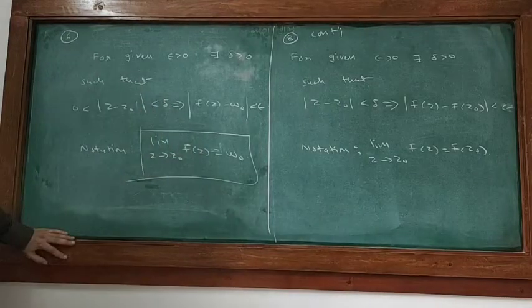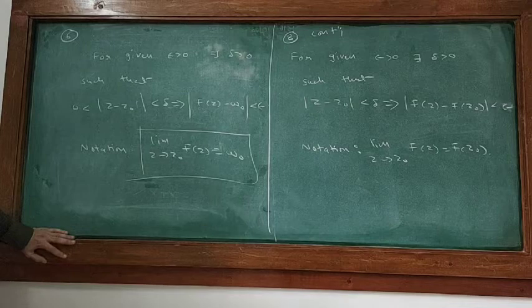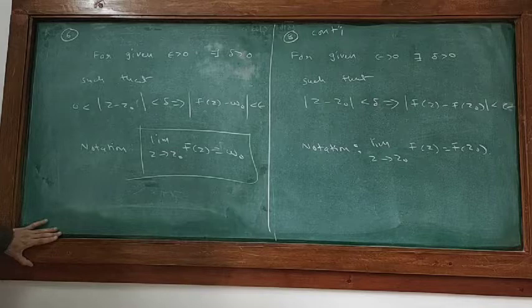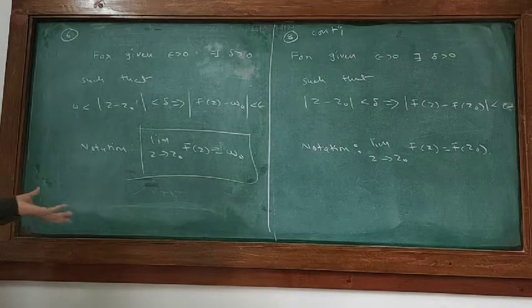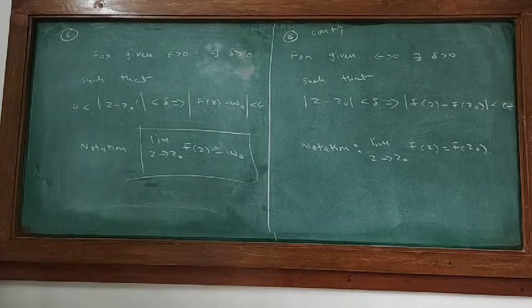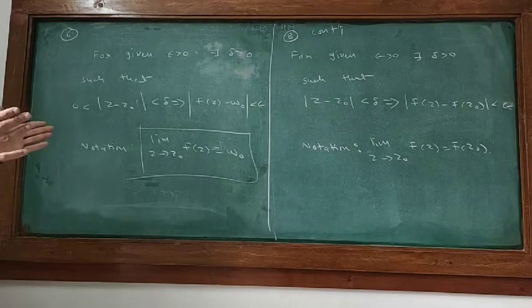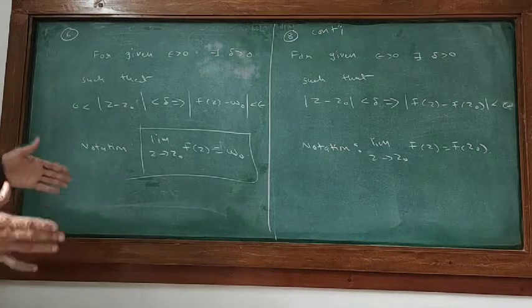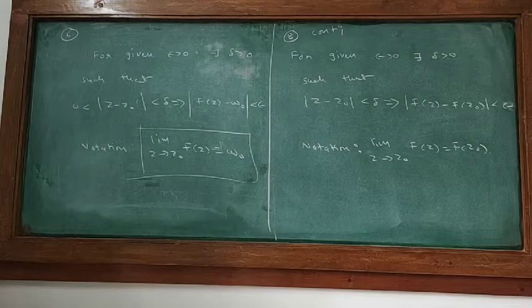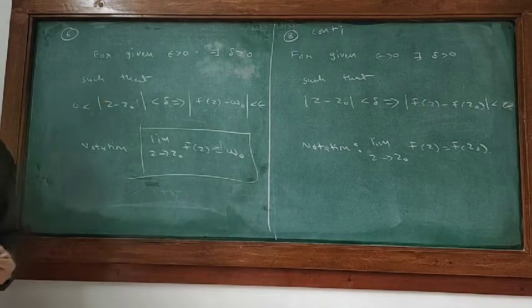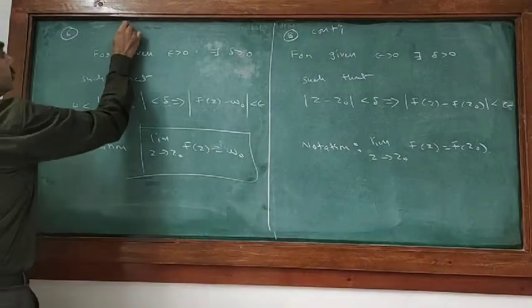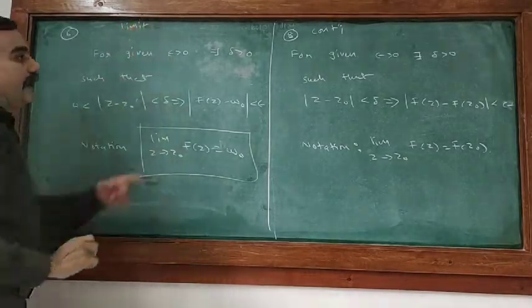If you see one time, you will find both these definitions are very similar, and hardly can students understand what the difference is. But if you have learned it from school, then first year and second year, there are three differences. This is limit, and this is continuity.